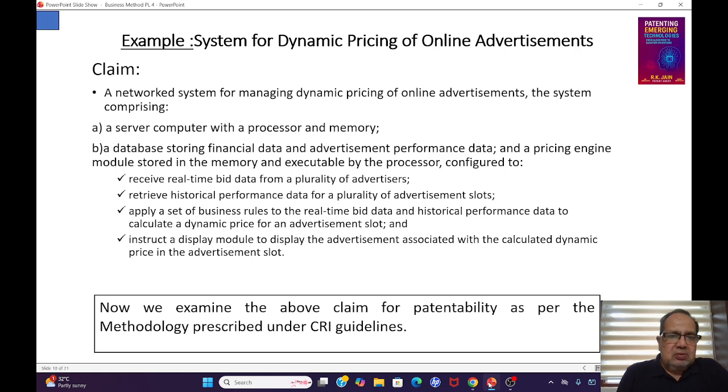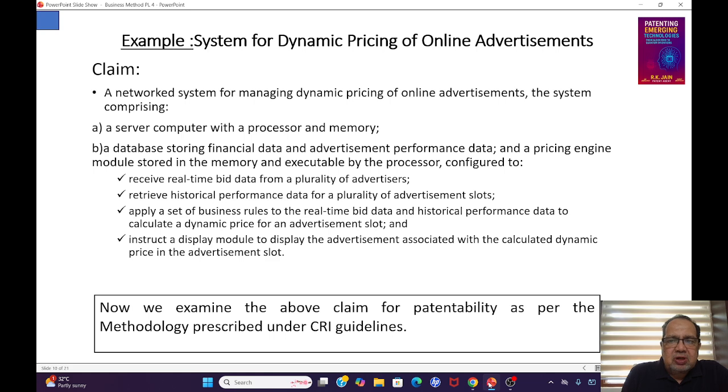Suppose we file a claim for a system for dynamic pricing of online advertisements. Now just to understand the overview of what this system actually does: we have online profiles of online advertisements, and we have historical data by which we know that these advertisements are there for the prime slots, the non-prime slots, or any other timing frame which can be applied to this.